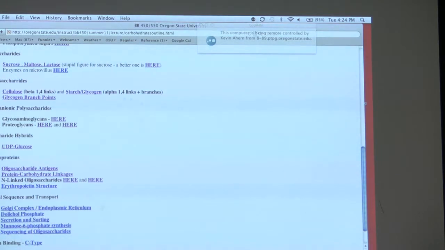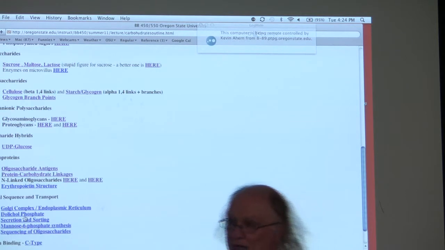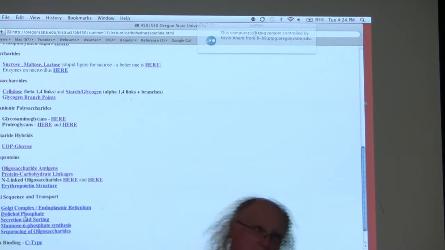Okay, now we need to understand a little bit about the trafficking and the movement of proteins in the cell, because eukaryotic cells have organelles, and organelles all have membranes. So when we start moving things across cell membranes or organelle membranes, there are a lot of considerations.